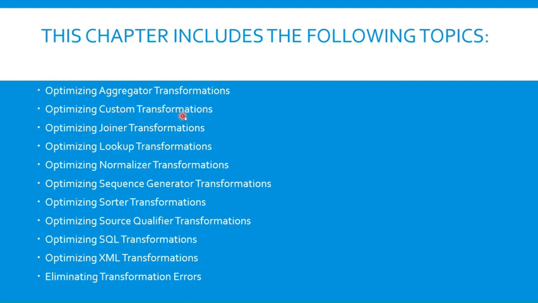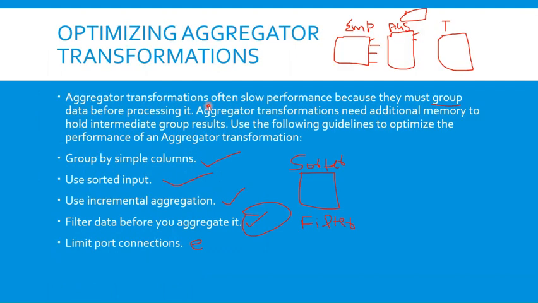I will explain the custom and then joiner transformations, because they are very huge, and parallelly I will explain some technical parts as well, so that everyone can understand. Here is just a summary of what I explained in this session. In the aggregator, what things need to be captured? Always use sorted input, incremental aggregation, filter data before you aggregate, and limit port connections.